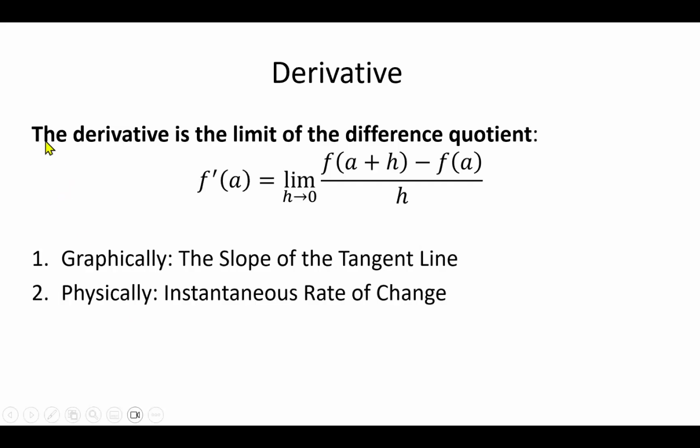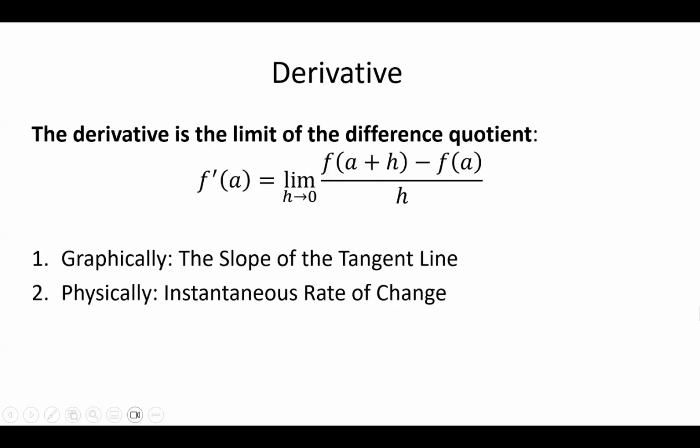So the next topic is actually the derivative, and this is the definition. We call it the limit definition of the derivative. It's actually not the only one. It involves the difference quotient.